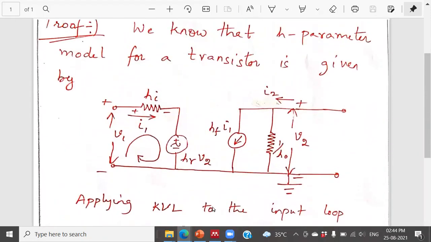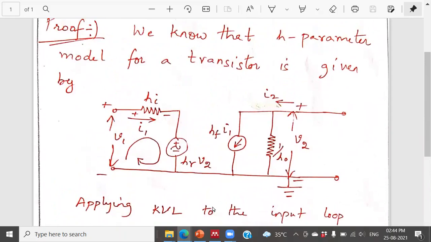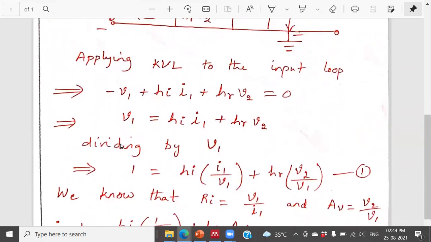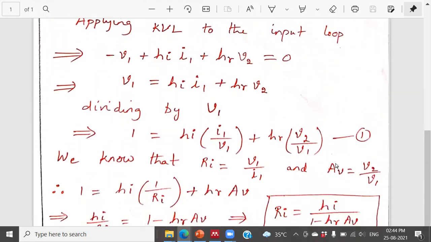We know very well that the voltage gain Av is output voltage divided by input voltage. Here the output voltage is V2 and the input voltage is V1, so the voltage gain is simply V2 by V1. Now that we have identified these two terms, let us replace them in equation 1.